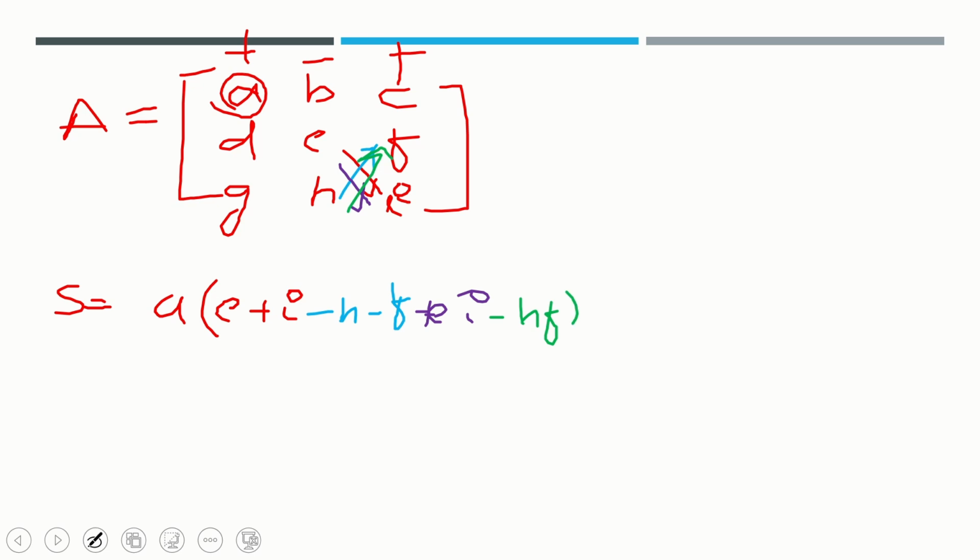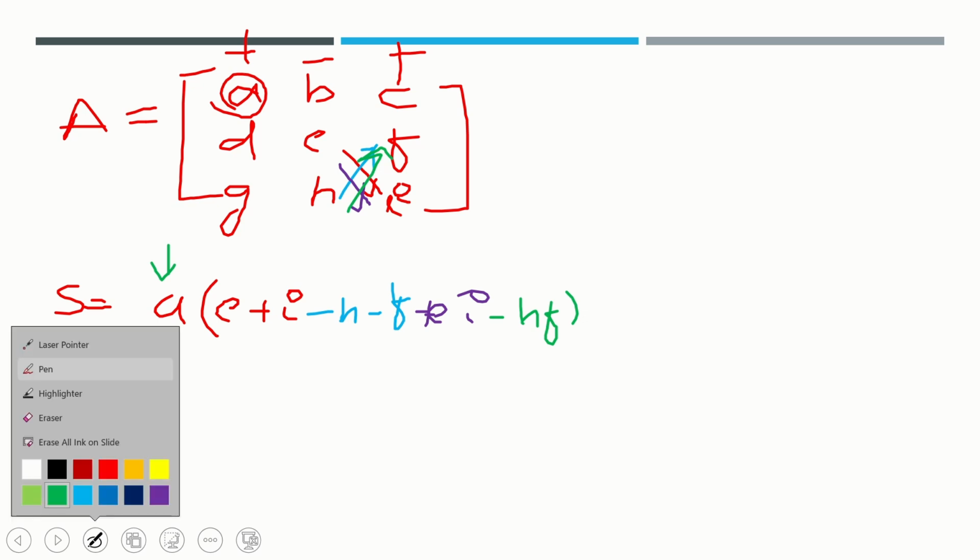So this is how you have to find S, but this is for element A only. Similarly you have to do it for elements B and C. Let me do it once again and write it down. So this is element A.